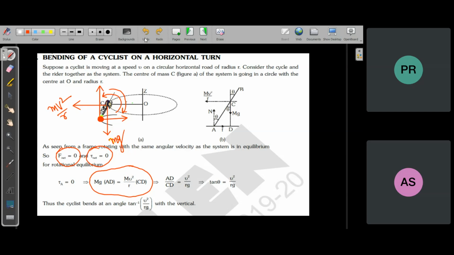Are you getting? So finally you got this result: tan theta equals v square by rg, where theta is the angle by which the cyclist is inclined with the normal to the road, with the vertical. If you have any doubt, you can ask.